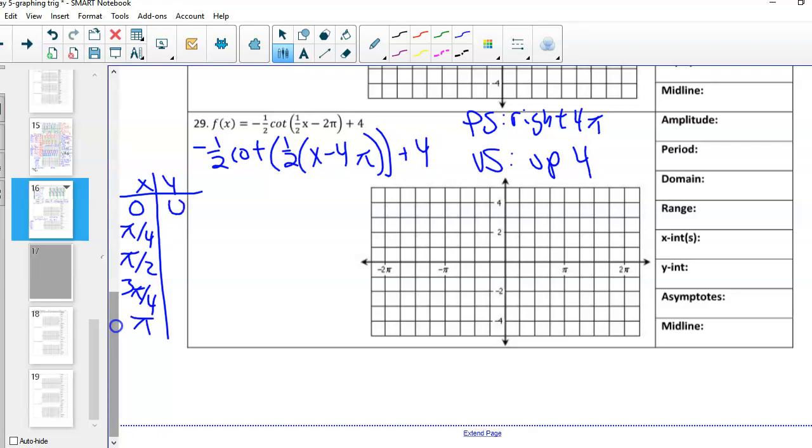And then undefined, 1, 0, negative 1, undefined for your y's. What are we multiplying our x's by? 2, because it's the reciprocal, and then your y's by negative 1/2.